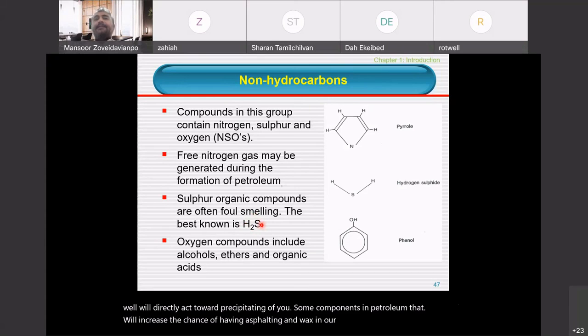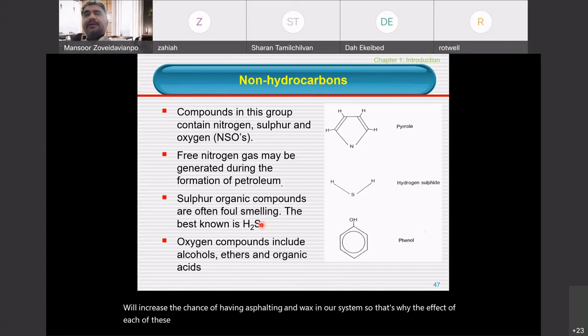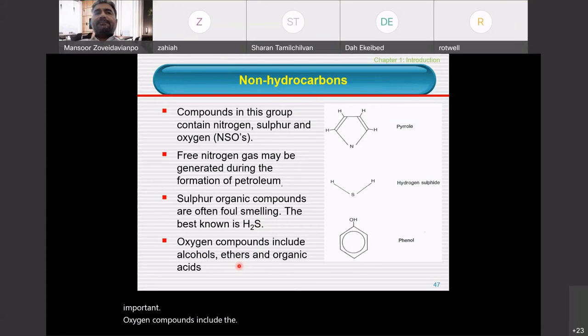So that's why the effect of each of these impurities in our hydrocarbon production and transportation is very important. Oxygen compounds include alcohols, ethers, and organic acids.